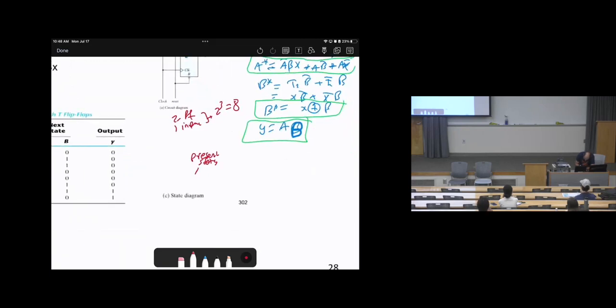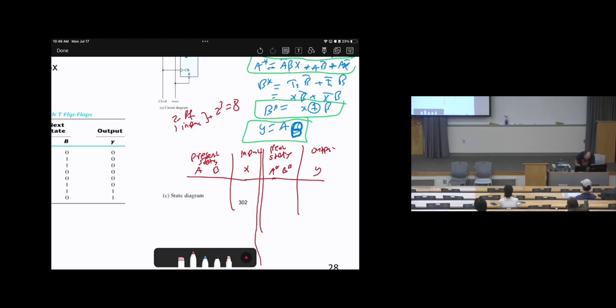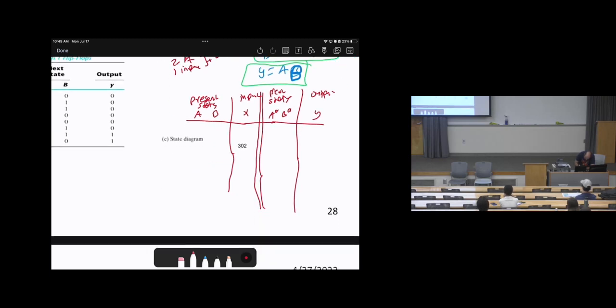So present states, we have A and B. Then we have inputs, which is X. Then we have next states, which are A star, B star. Then we have outputs, which is Y. I prefer to make double lines here to isolate, so when we do the truth table, it can be easier for us to follow.